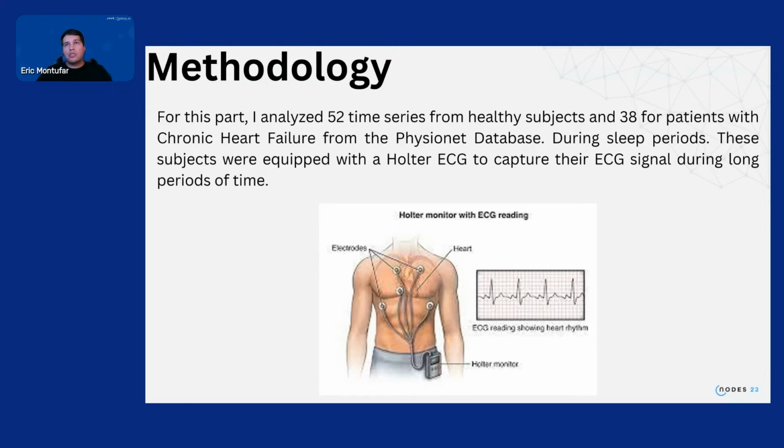I subsampled these series to take only 2,048 records during the sleep periods, because these persons were measured with something called a Holter monitor, which is an electrocardiogram that is small enough to fit in your pocket, so you can have it monitoring yourself 24 hours, and you can extract the results at the end. So these devices are quite useful for this type of analysis.